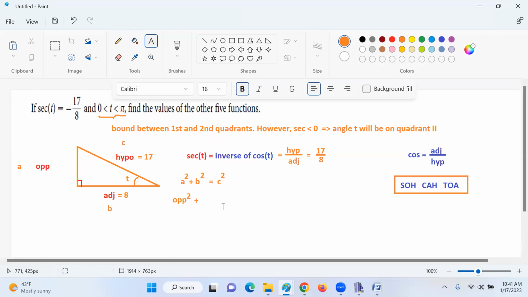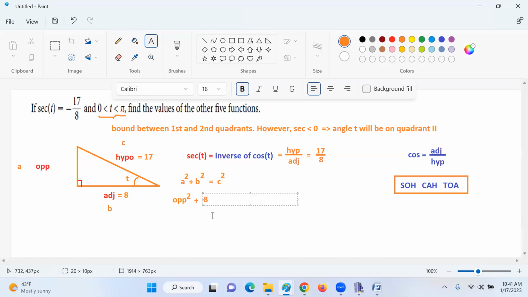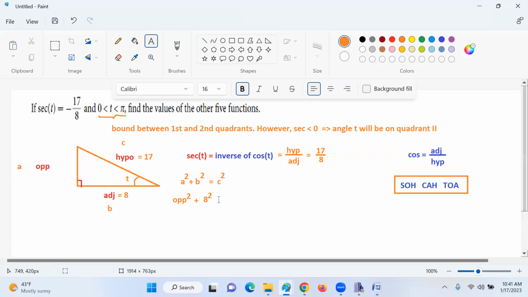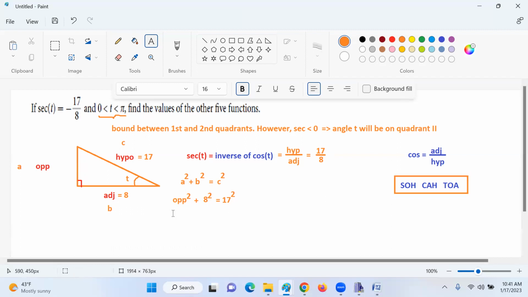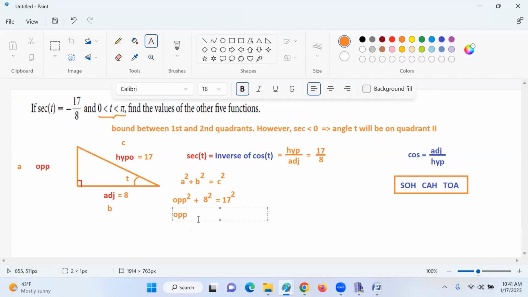Then b squared is the adjacent squared, 8 squared, equal to 17 squared. And then you can figure it out. So a squared is going to be 64.